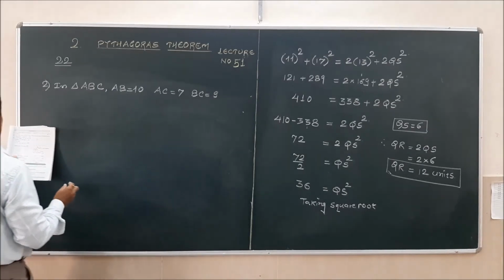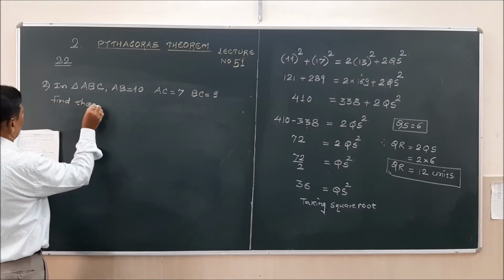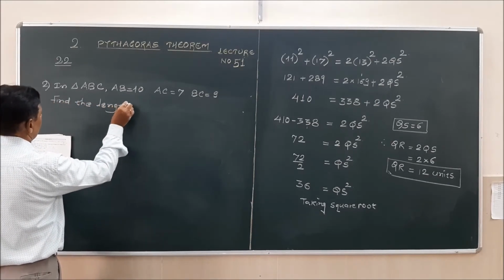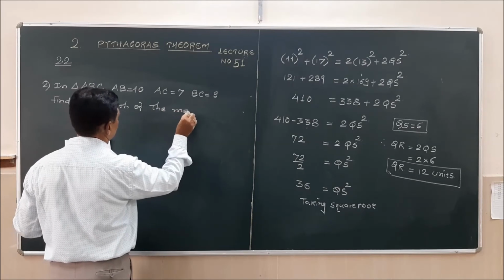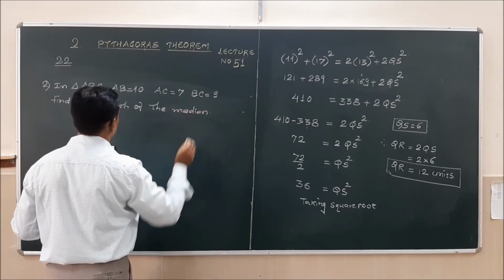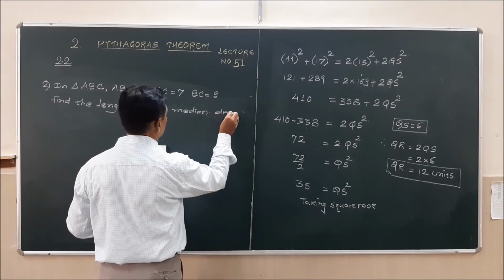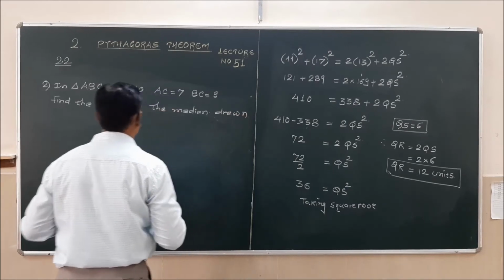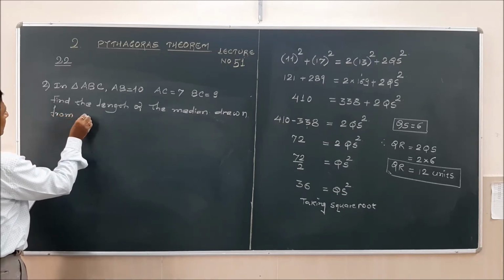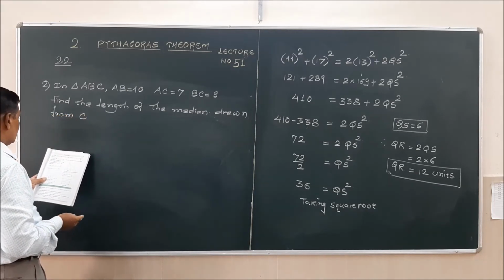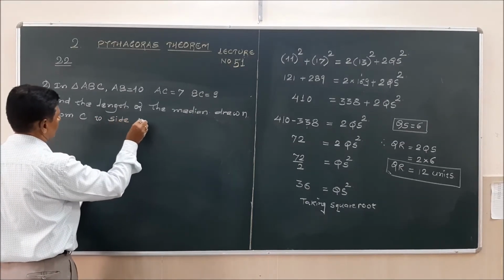Find the length of the median drawn from C to side AB.